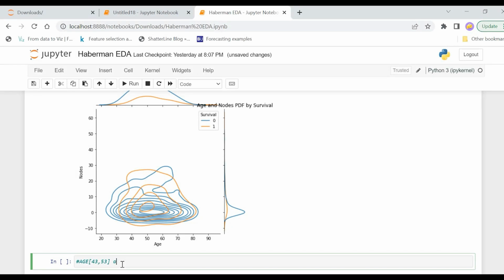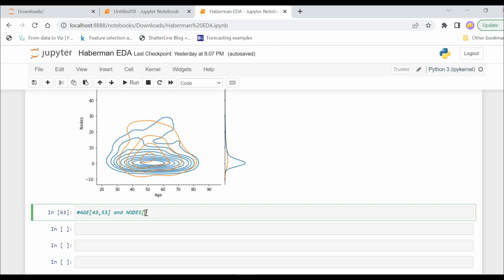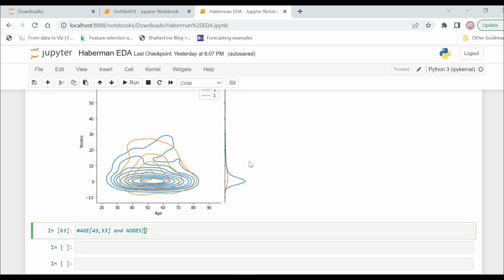We'll come to nodes also, but from here you can see the range of nodes is from 0 to 10. So from 0 to 10 it is kind of okay. We need further analysis to find out the range of nodes, but from here we can analyze one important thing: from 0 to 10 the orange line, the percentages.